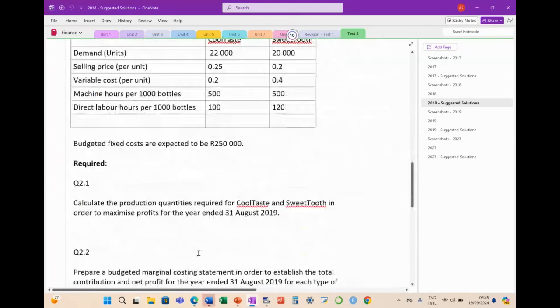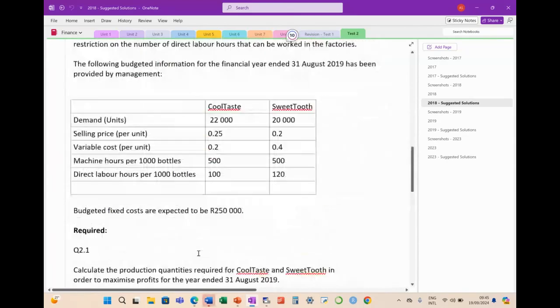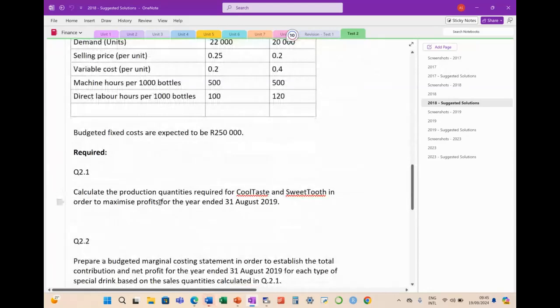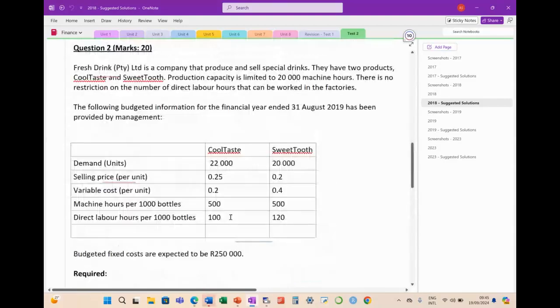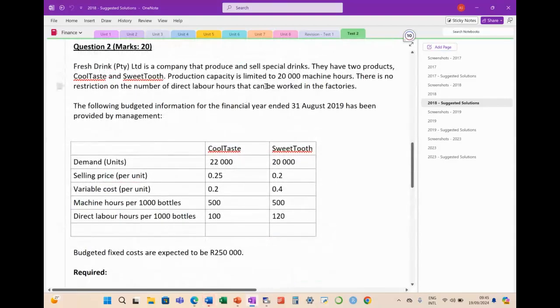And then if we go down, next thing that they ask in question 2, question 2.1, they say calculate the production quantities required in order to maximize profits. Okay, we've been doing that. Let's just see. Do we have constraints here? Yes, we have a limiting factor, and that's production capacity.